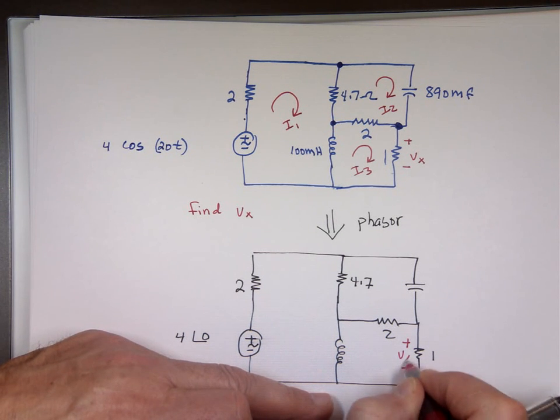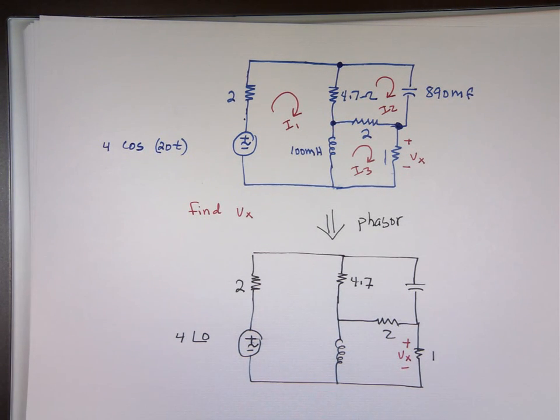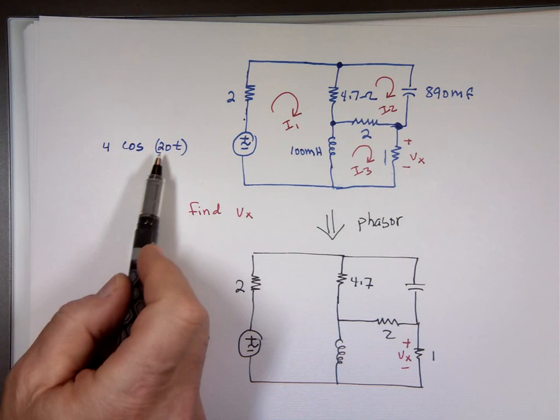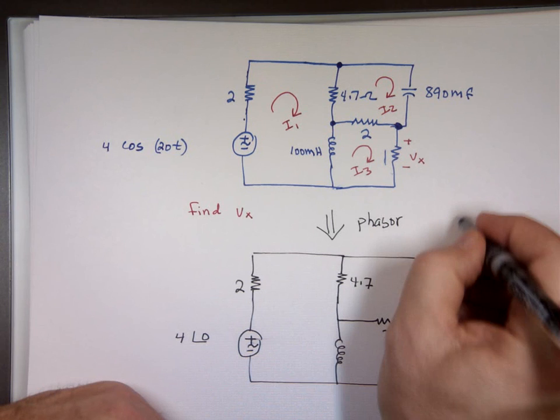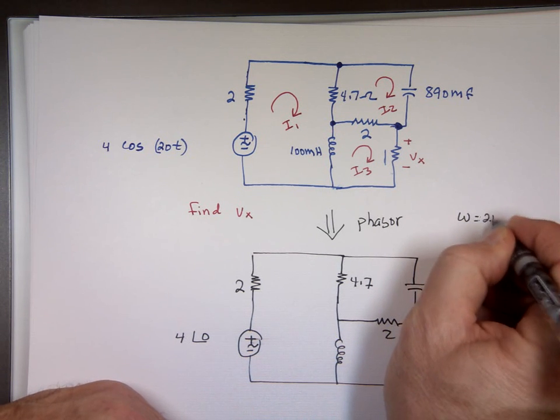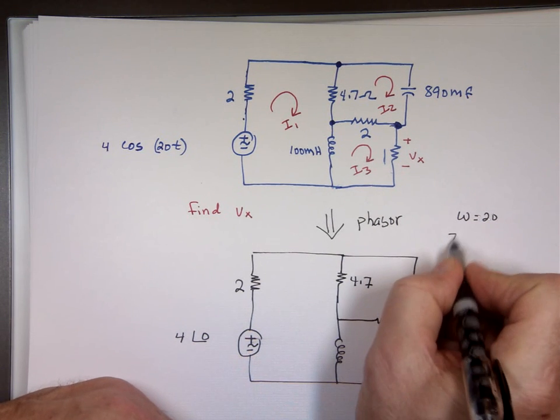What do you want for omega? Well, omega is given to us right here. Omega is 20. So the capacitor is going to be Z for the capacitor.